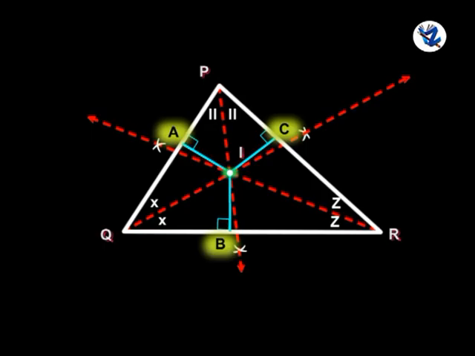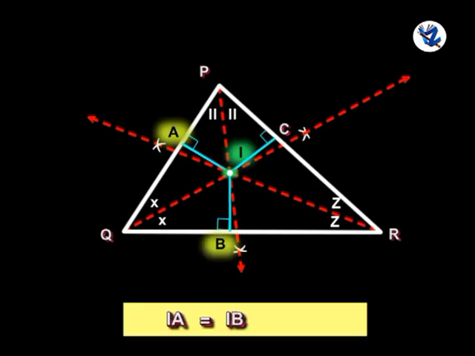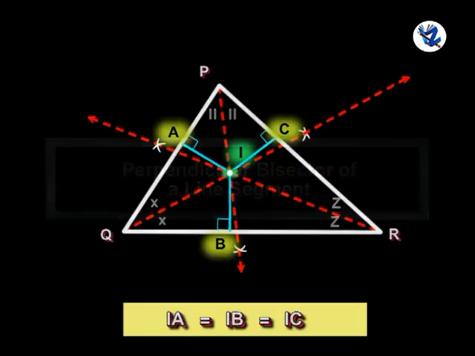We found that IA is equal to IB is equal to IC. That means the angle bisectors of a triangle are concurrent and the point of concurrence is the incentre, which is shown by the letter I, and the incentre is equidistant from all three sides.